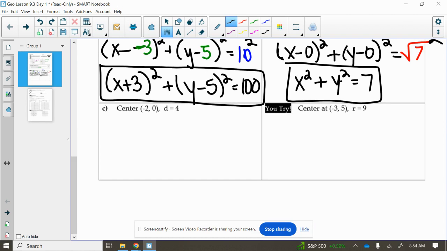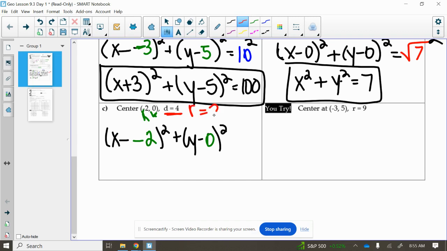In our last example, they are giving us that our h and our k value are -2 and 0. So we plug in again x minus -2 quantity squared plus y minus our k value of 0 quantity squared. And then this time, be careful. Notice they gave us d equals 4. That stands for the diameter.